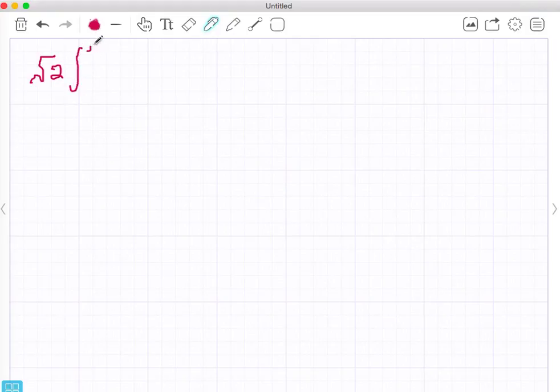My limits stay the same, which is pi over 2 and 0, and I've got cosine a half x plus sine a half x dx.